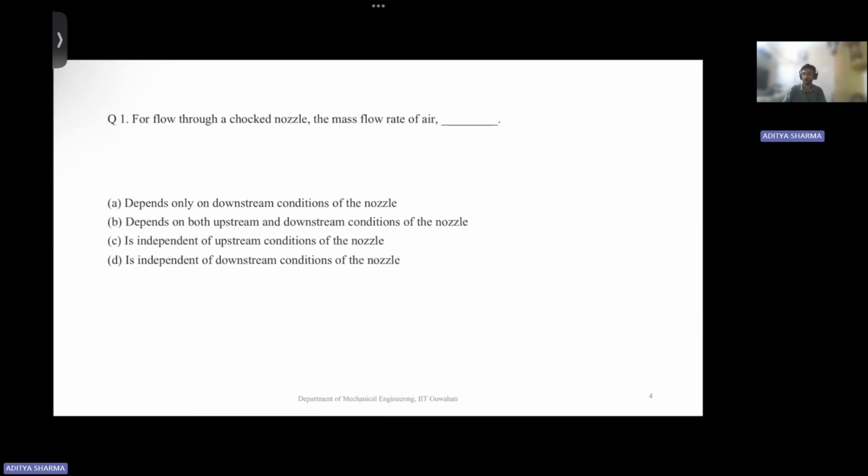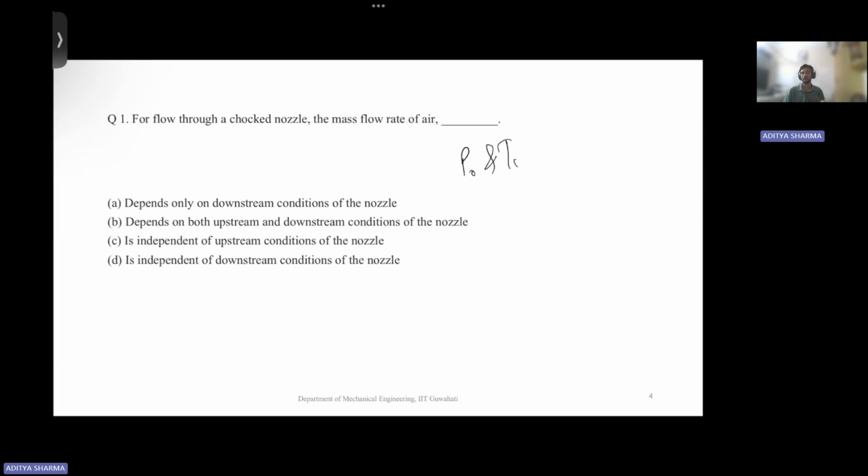So P naught and T naught, whether they are downstream or upstream properties. They are upstream properties. So your mass flow rate depends on upstream properties, and it doesn't depend on downstream properties.